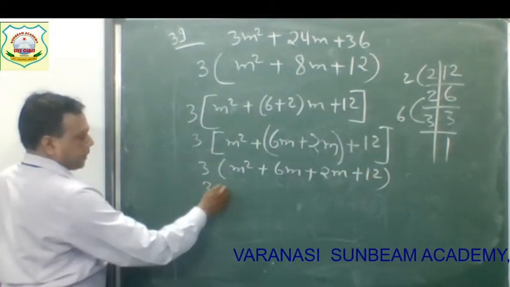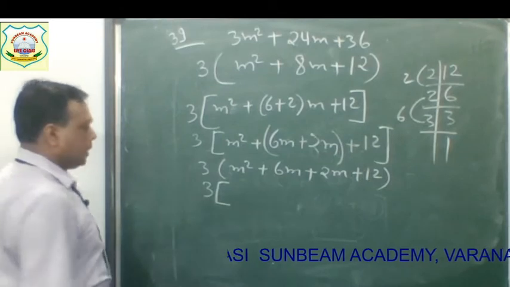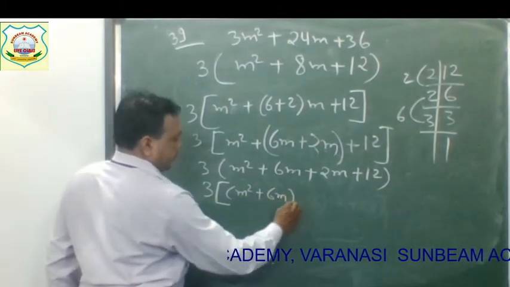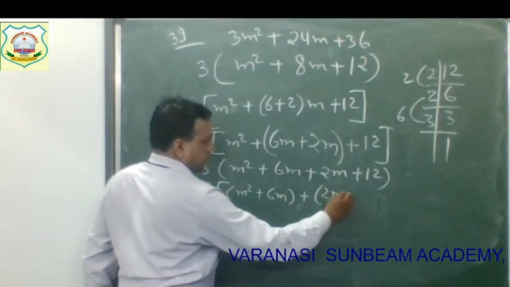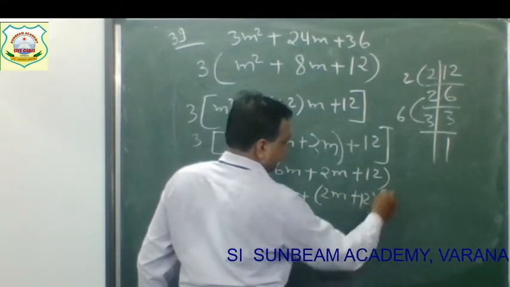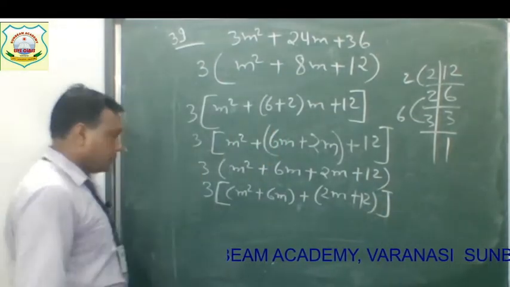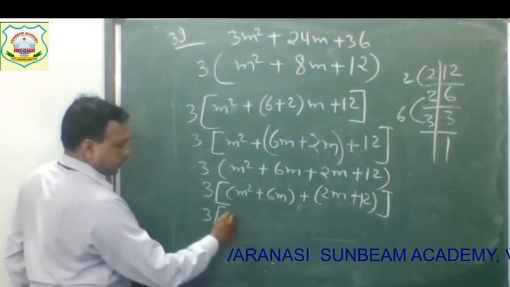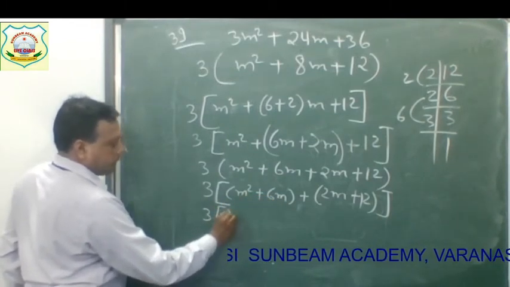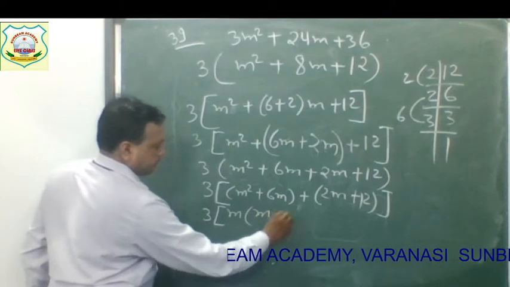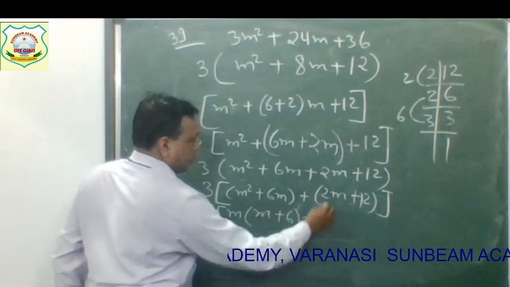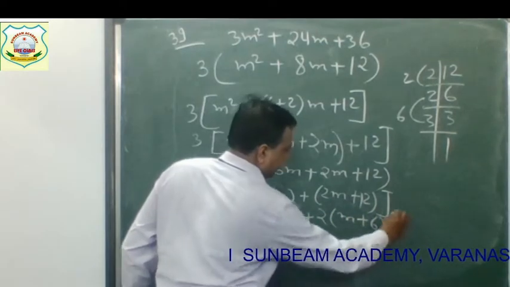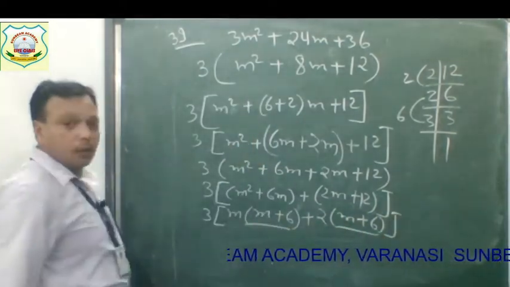Now making groups: m squared plus 6m is one group, plus 2m plus 12 is the second group. We take m common from the first, m plus 6. Here we take 2 common, then we also get m plus 6. So m plus 6 will be common.